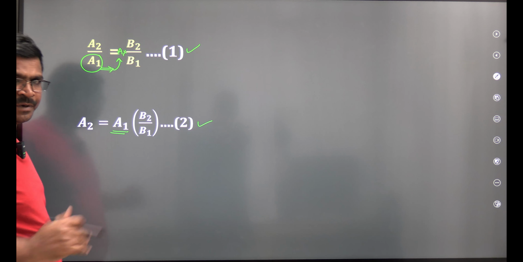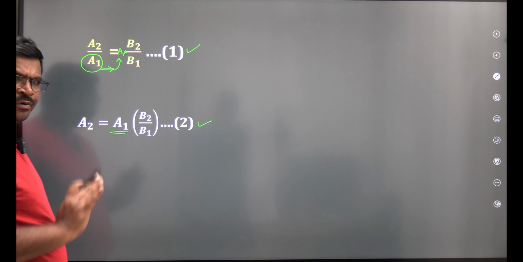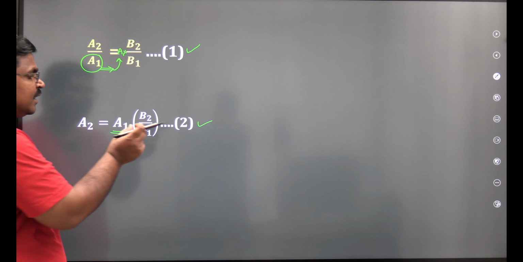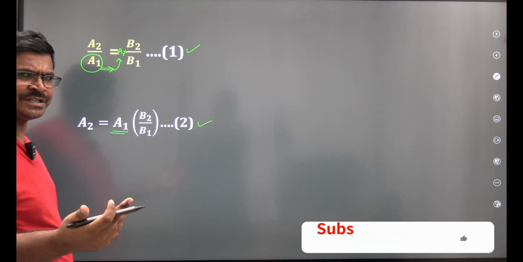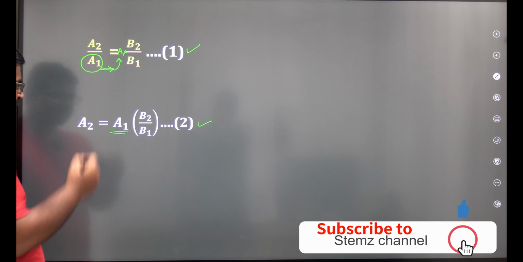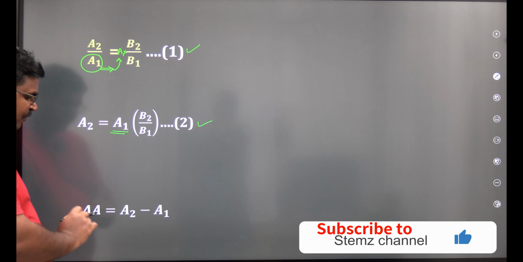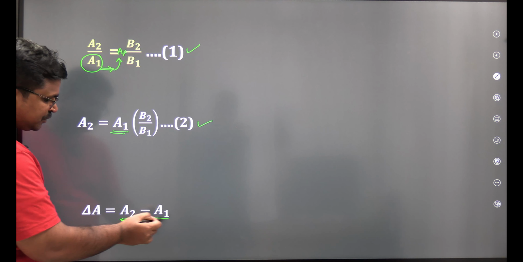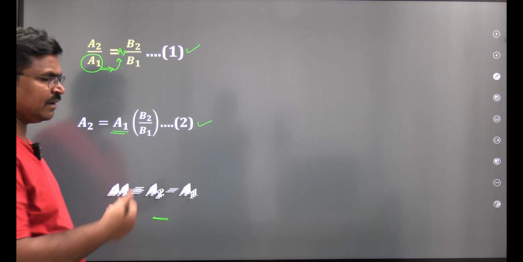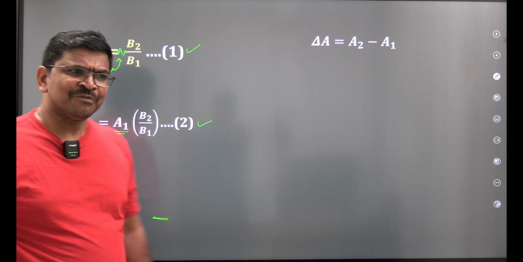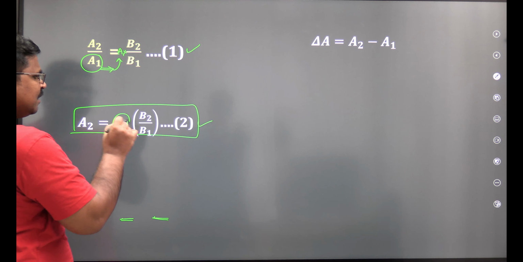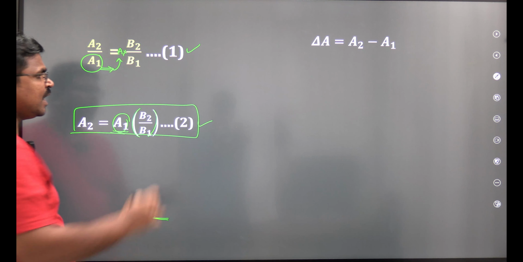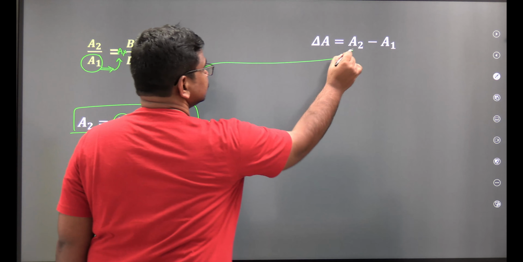And now the third level application. I know the new value because of the new value in B, but I want to know the variation. Variation means change. Suppose I want the change of A from the second value to the first value. So A2 minus A1. I know A2 value is A1 times B2 by B1, so I can substitute this value here.